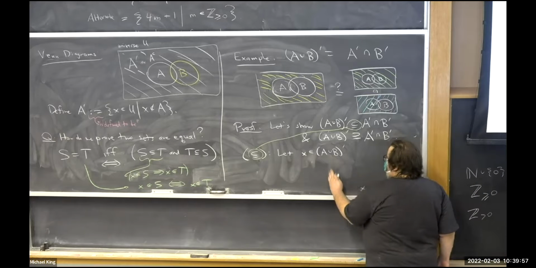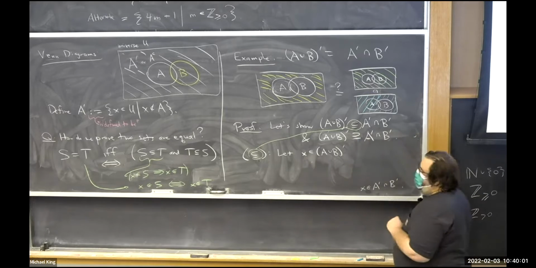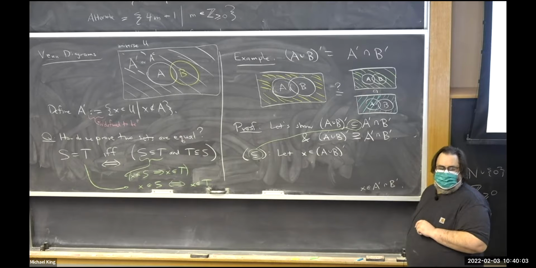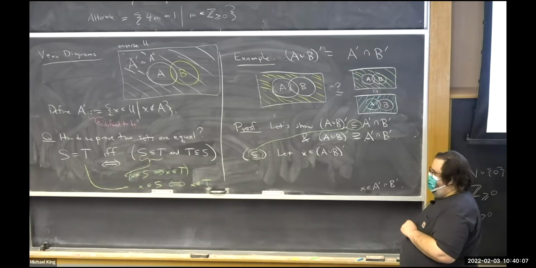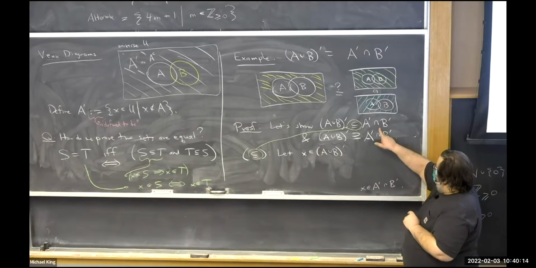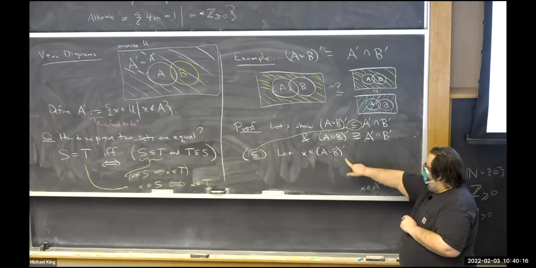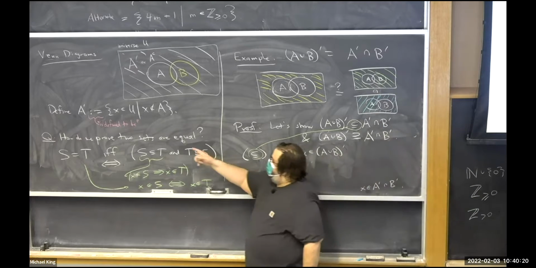And so what does it mean to be in the complement of A union B? Well, that's interesting because that's almost what we're trying to prove, although it actually is going to be and. But the most basic step is just to say what prime means, right?